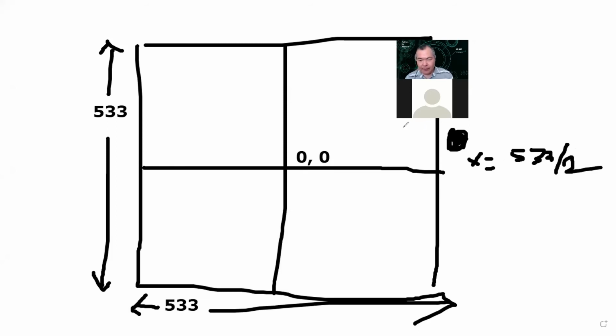Because 533 divided by 2 will only end up in fractions. Don't worry, the software can handle it. So it's off screen here, and then I'm having it move backwards 1 pixel at a time.